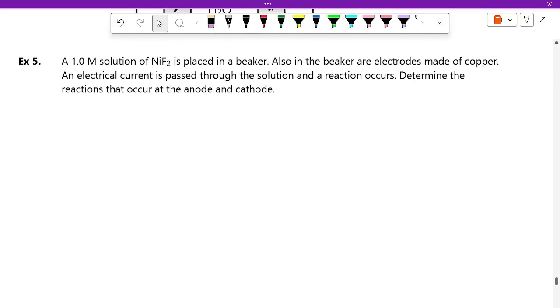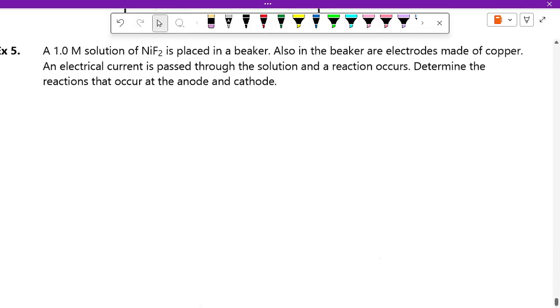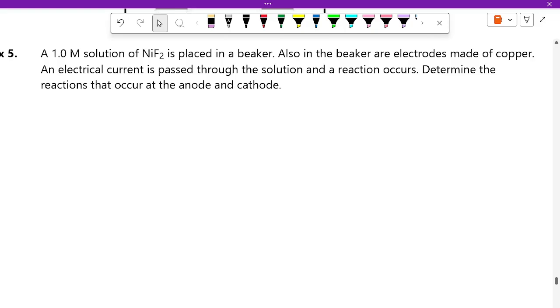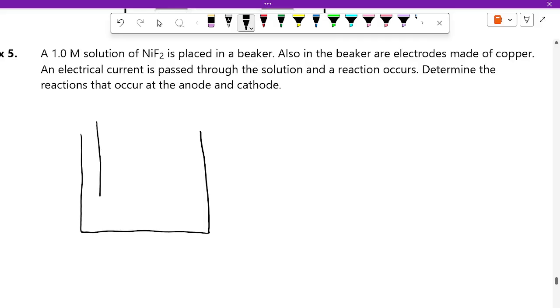What would be a good place to start for this question? Draw it out, okay? I'll go back to putting the positive on the right or on the left.